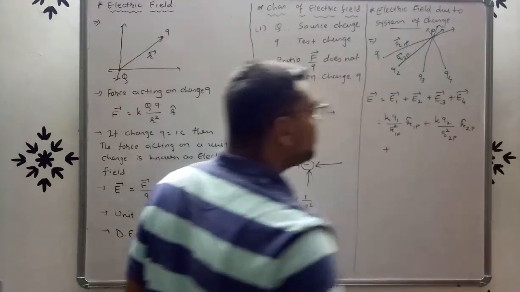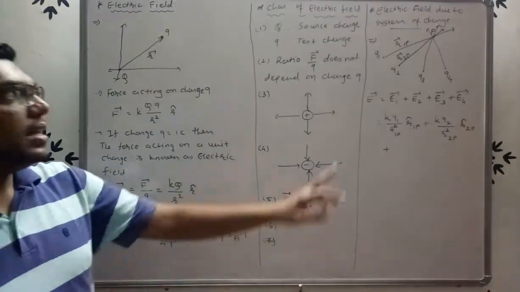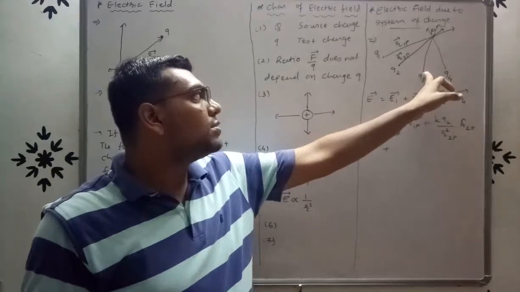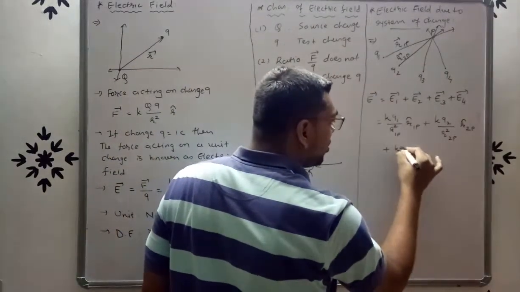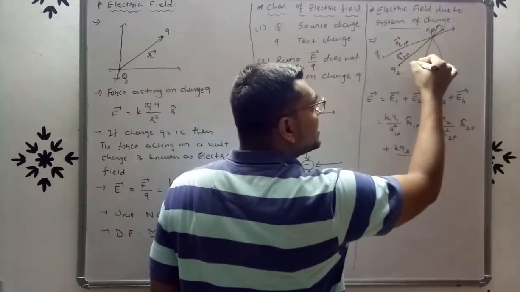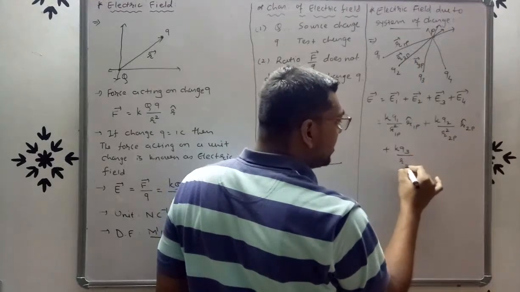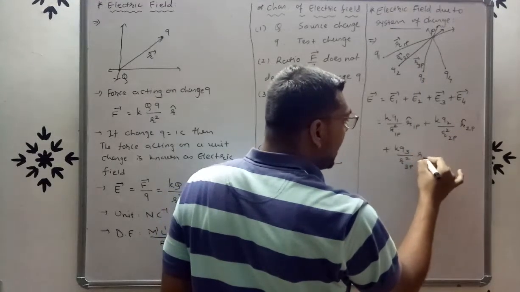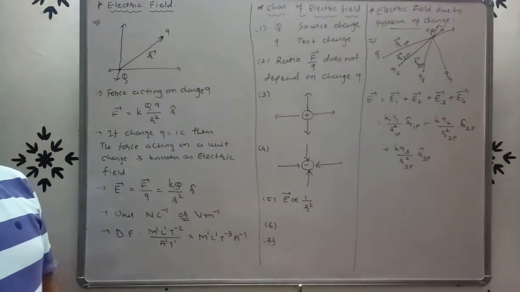Plus, now E3. E3 is the electric field due to charge Q3, right? So KQ3 and the distance between Q3 and point P is R3P, right? So R3P square, R3P cap, right?